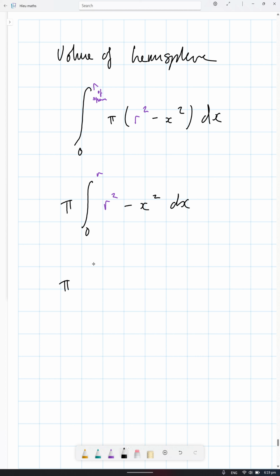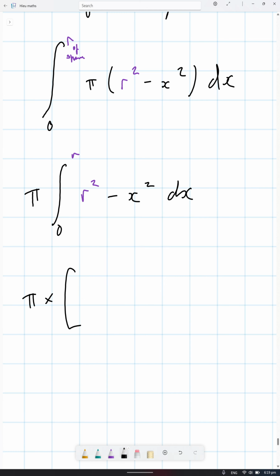So r squared is technically r squared multiplied by x to the power of 0, right? Because r is a constant, it's just the radius of the sphere.